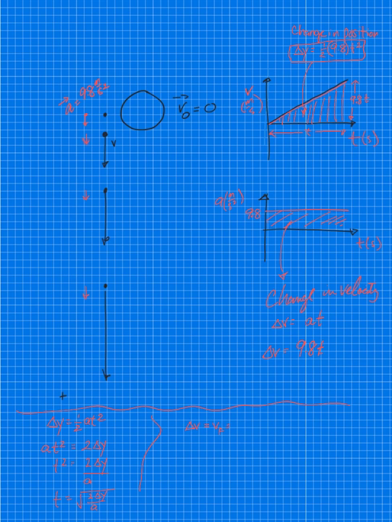Alright, so final velocity is going to be 9.8 times t, so 9.8 times the square root of 2 delta y over 9.8, right? So there it is.